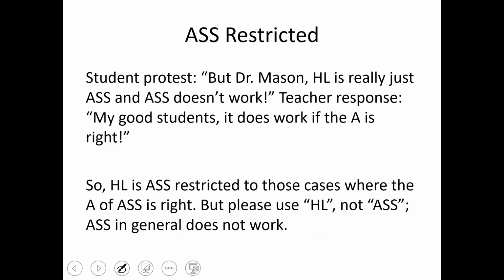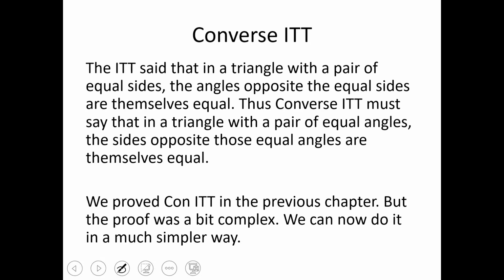One case in which it does work is the case in which the angle is a right angle. Okay, so let's not use that general name, angle side side, which does have counterexamples, but let's use the specific name for the case of angle side side where the angle is right, and that's hypotenuse leg, HL. Okay, so this is not permission to begin to use ASS in your proofs. Don't do that. That would suggest to me that you think that ASS always works. It doesn't. Use HL. Okay.